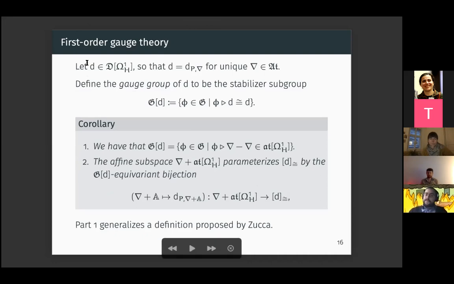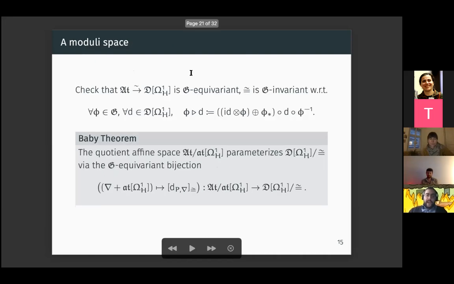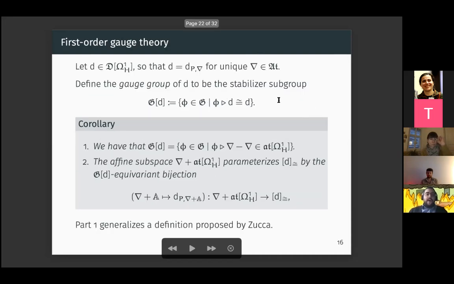So let's suppose we have the suitable total derivative, which must therefore come from some unique gauge potential. We have this natural action of the gauge group on the space of total calculi. Basically, you conjugate your total derivative by phi. It's sort of just the obvious thing.